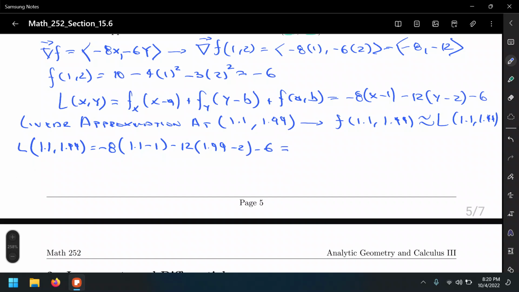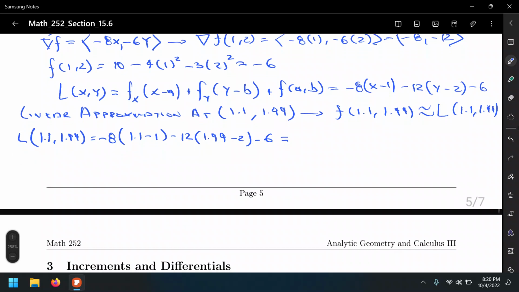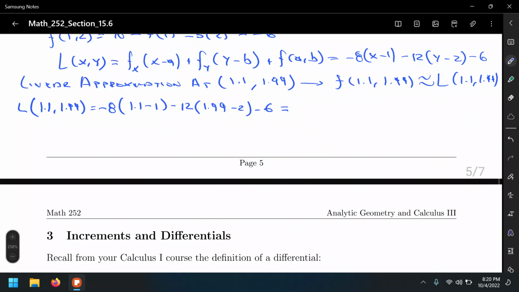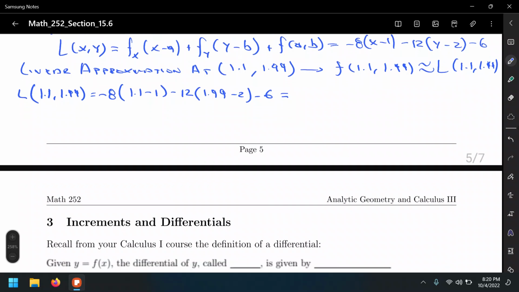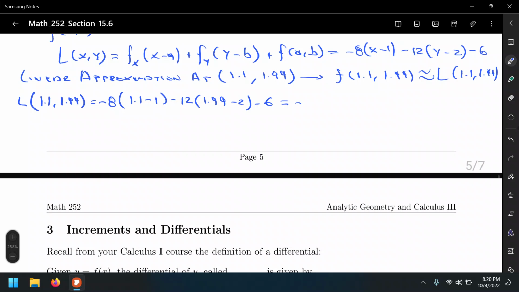Oh my god, I'm glad we're just doing the linear approximation. We're not doing these Taylor polynomials in two variables. Otherwise, these calculations would have been big. So 8 times, okay, 1.1 minus 1, that's 0.1, minus 12 times negative 0.01, right? And minus 6, and simplifying this we get negative 6.68.